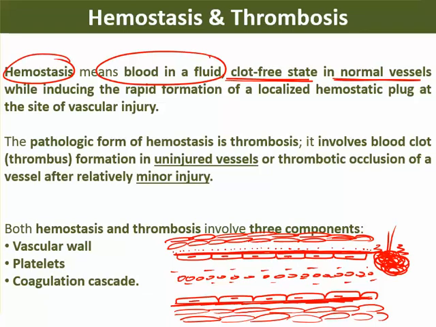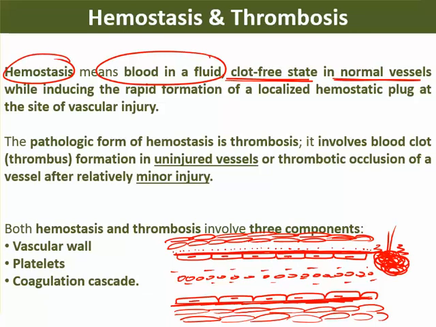So the blood has two properties. One is to keep itself in a fluid state if the blood vessel is normal. If the blood vessels are damaged, then it has another property, to become a clot. If the blood has these two properties, then it is hemostasis.